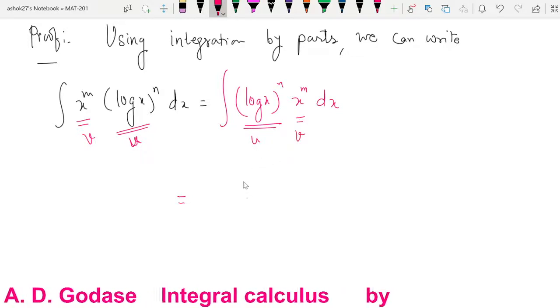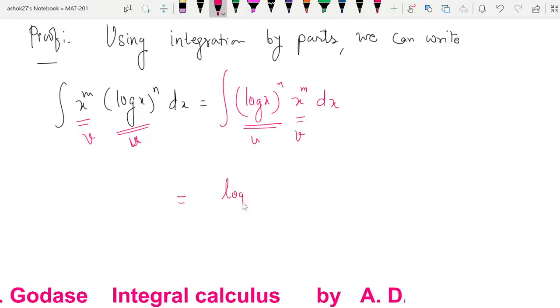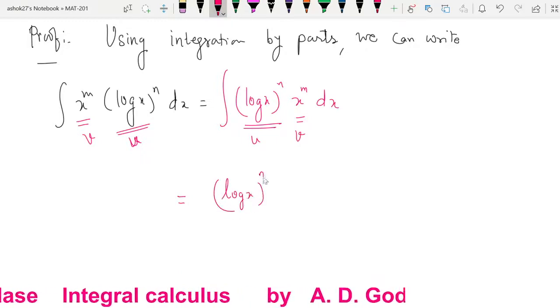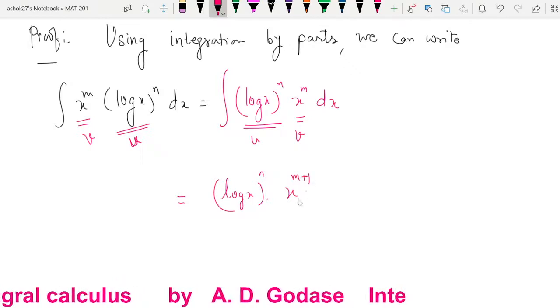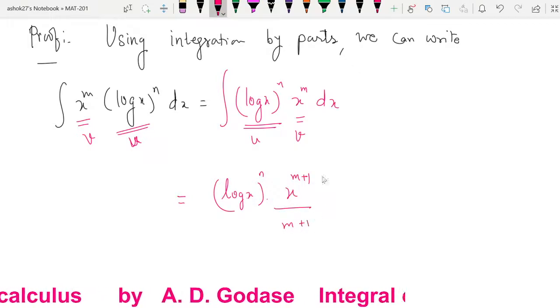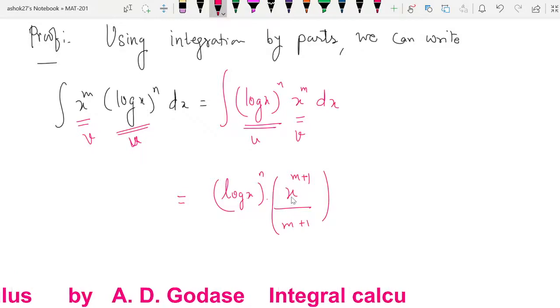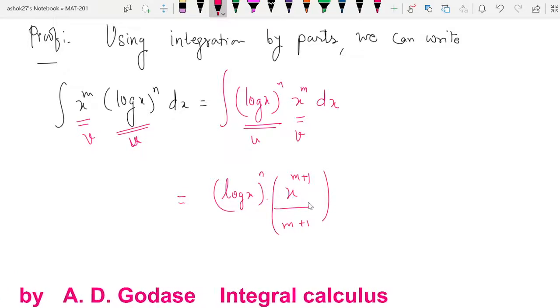So the first function remains as it is, so it will be log x its power n into the integration of the second function. What is the integration of x raised to m? It is x raised to m plus 1 divided by m plus 1.